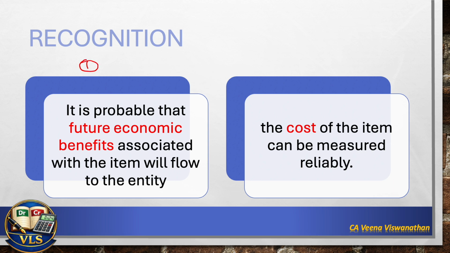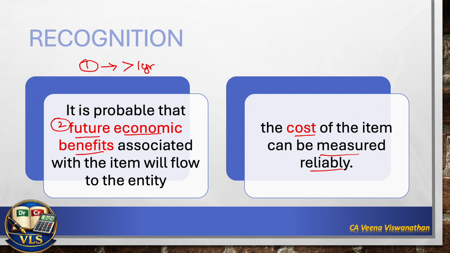The first condition we saw in the definition itself, the asset should be used for more than one year. The second condition is that it provides future economic benefits to the entity, like it helps the business earn revenue or operate efficiently. And the third condition is that the cost of the item must be measured reliably. Like, for example, I have an invoice or a contract, or fair value should be available.